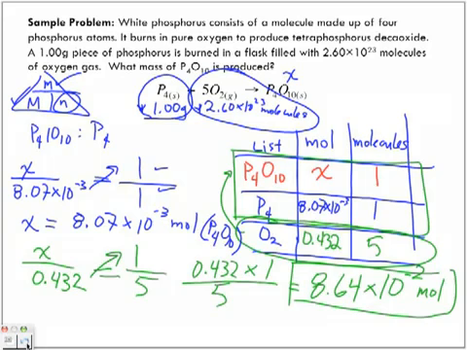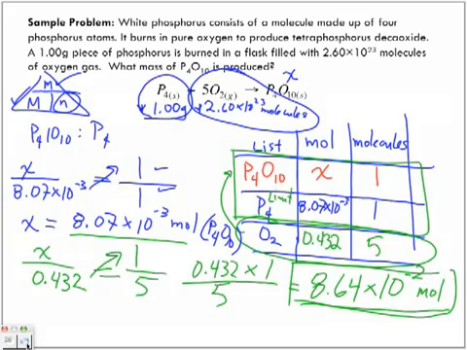Which one of the moles are we going to use? Because now we're producing this many moles or this many moles. So we know that the phosphorus is the limiting reactant.